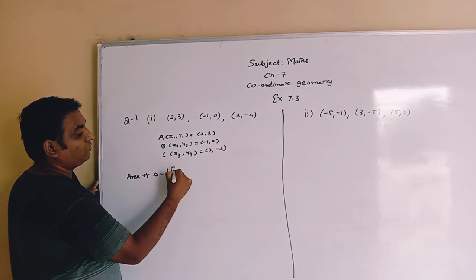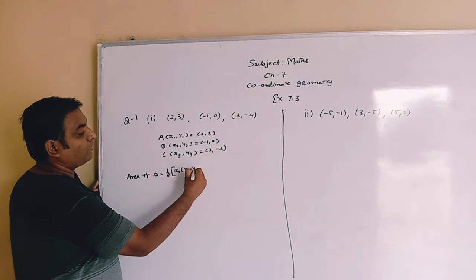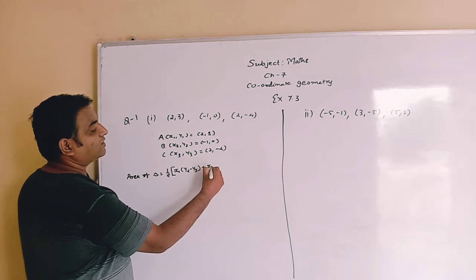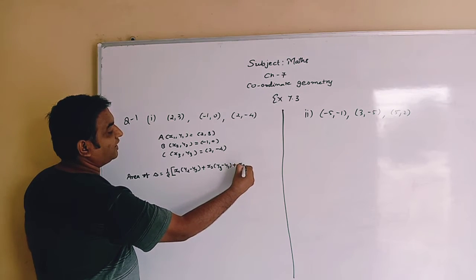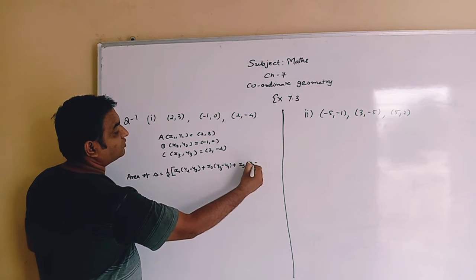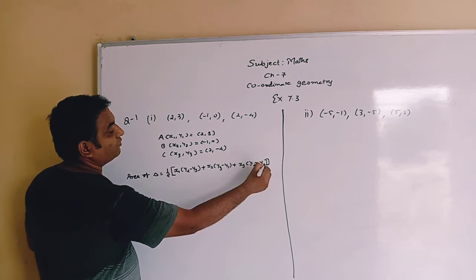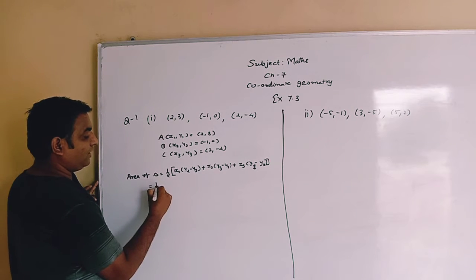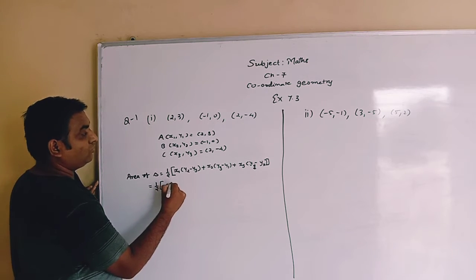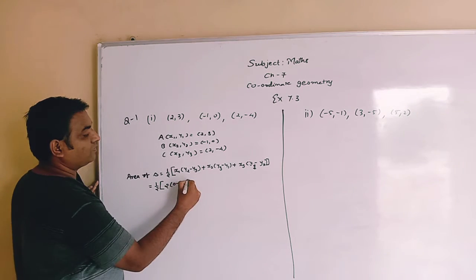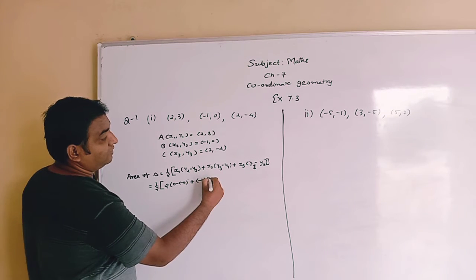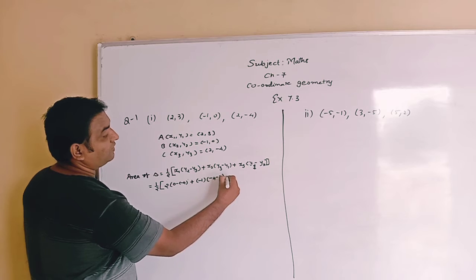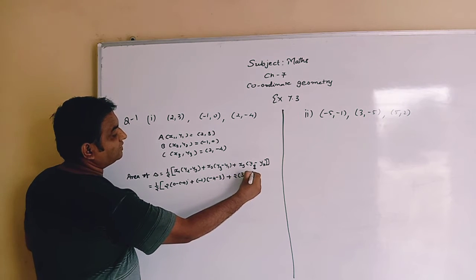1 by 2 [x1 (y2 minus y3) plus x2 (y3 minus y1) plus x3 (y1 minus y2)]. So we substitute the values: 1 by 2 [2 (0 minus (-4)) plus (-1)(-4 minus 3) plus 2 (3 minus 0)].